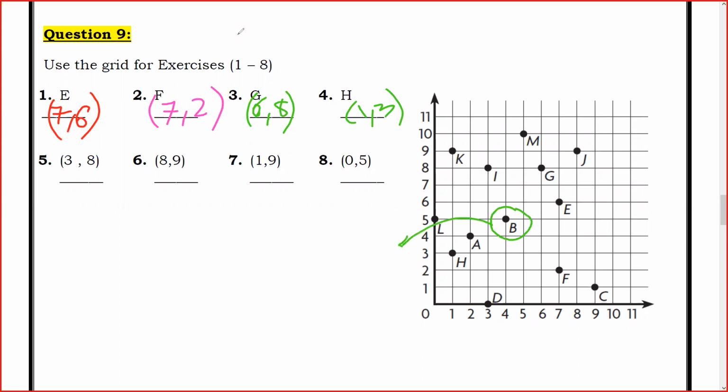Each point, when we need to name it, must have an ordered coordinate. Ordered means X, then Y. I must start with X, then Y. So what is the X here? I draw a line, it cuts X at number 4. And what's Y here? On the Y, what's the point? It's 5. So the coordinate of B is 4, 5.